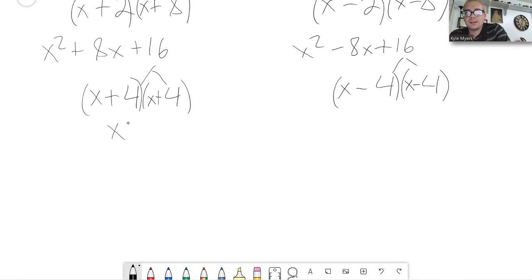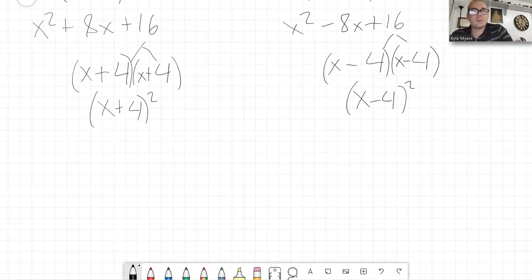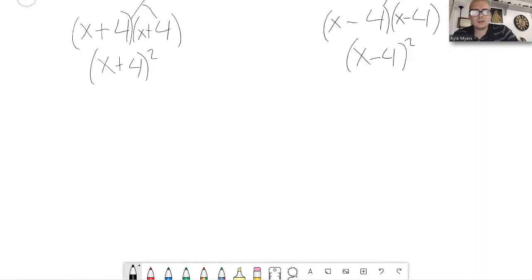And then this would be the same thing, right? So I could just say, okay, x plus 4 quantity squared, x minus 4 quantity squared, and now we're done with the 16s. All right.